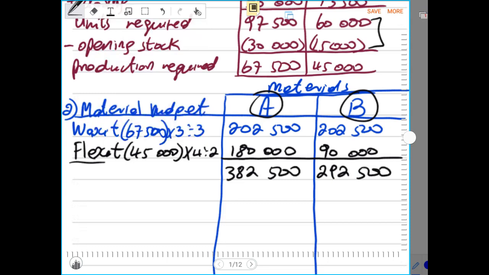So now these are the kgs of material that are required.